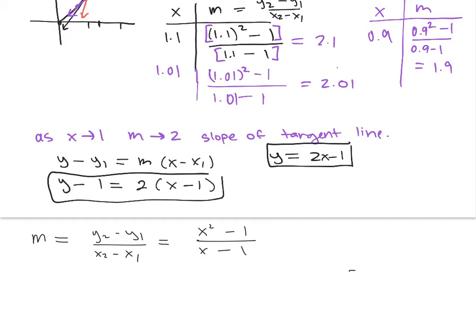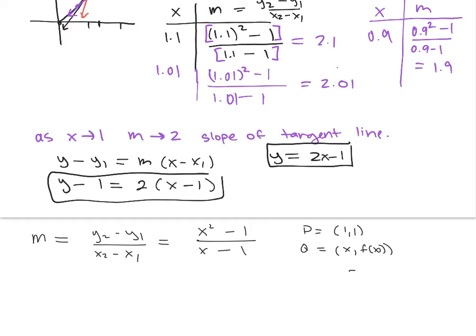And the point is that we had P was equal to the point 1, 1, that's our point of tangency, and Q was the other point, x, comma, f of x. That's just a formula that told us what we were doing, right? Take the close by number, square it, take away 1, close by number, square it, take away 1, right? Divided by a close by number, minus 1.